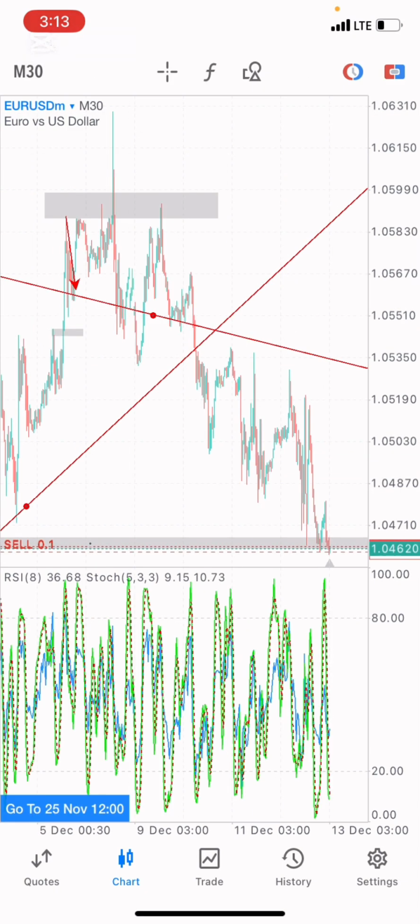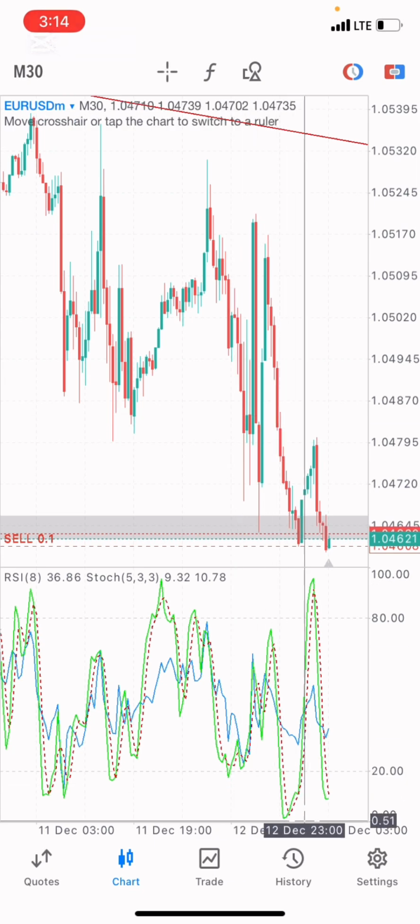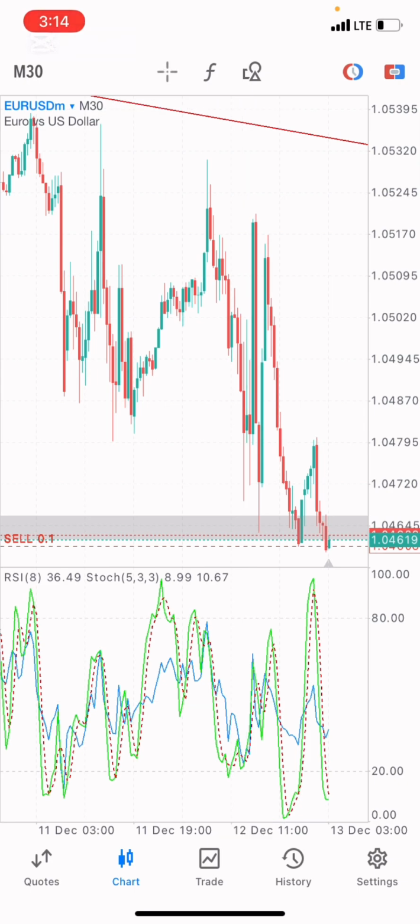When you come to 30 minutes, it seems to break the zone, or the zone is about to break. But market is hesitating. Why is market hesitating? It's because of this stochastic cross that is happening below here on the 30-minute time frame. So that is when market is hesitating.